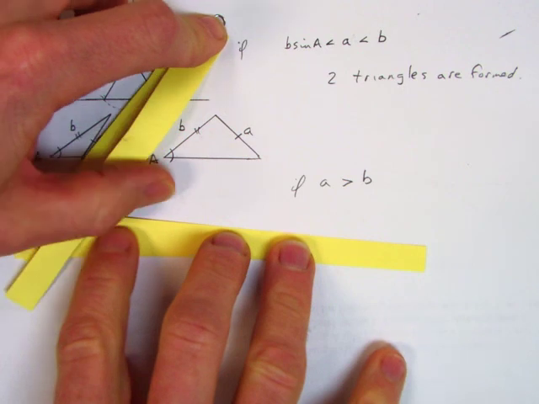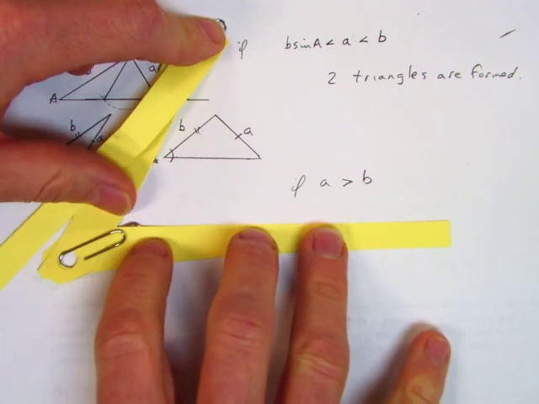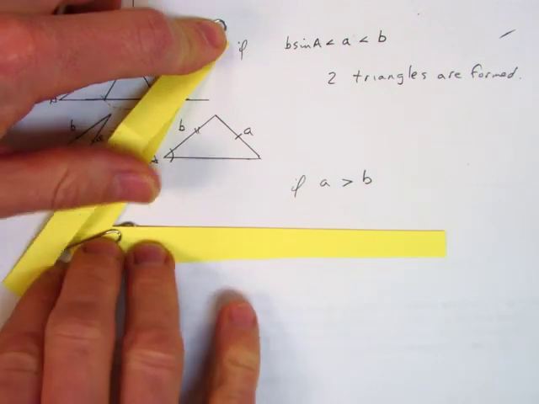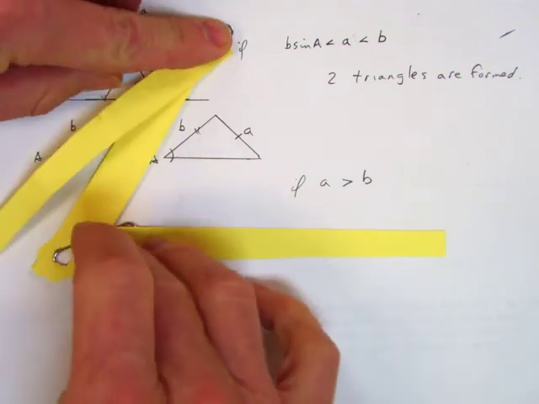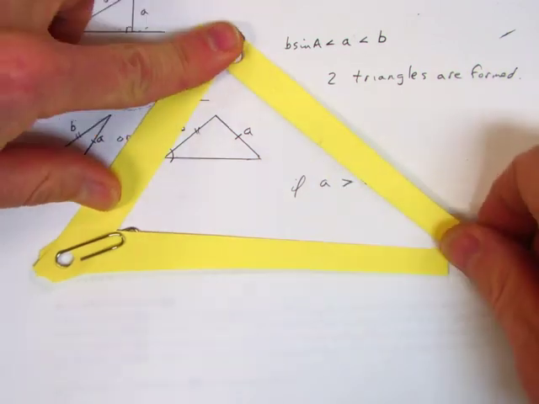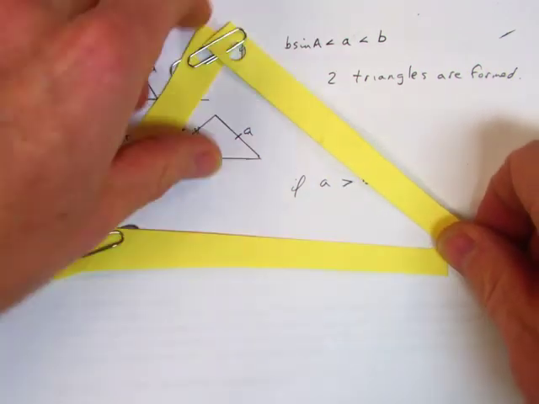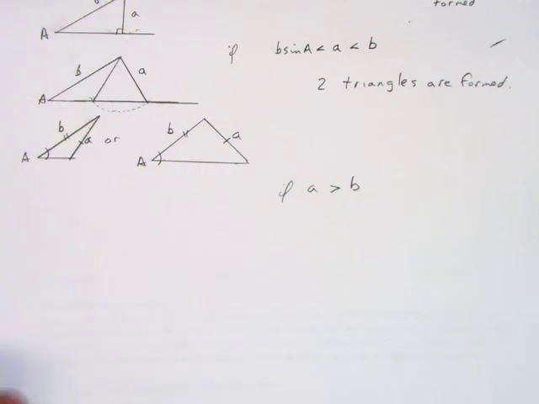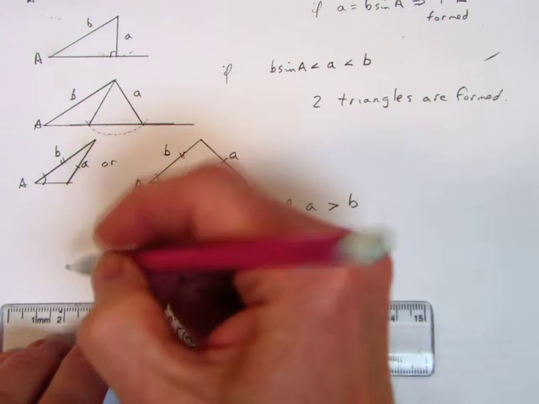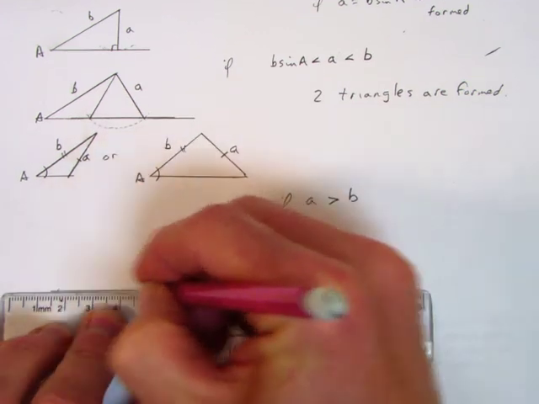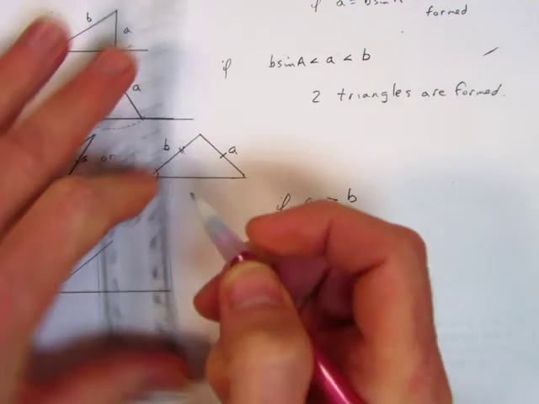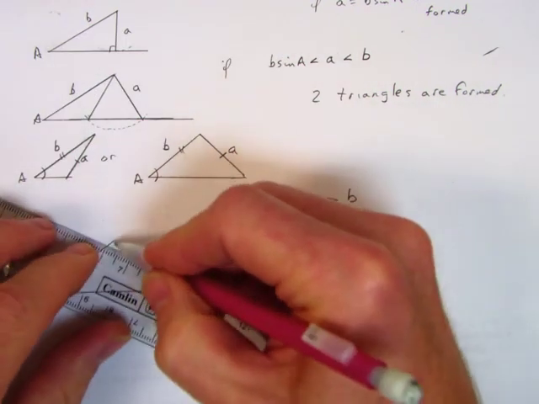When it hits the bottom line, it's going to hit it outside of the triangle as this arc sweeps around. So what's happening here is one triangle is formed. Let me draw it on the paper. I'll exaggerate it a little bit.